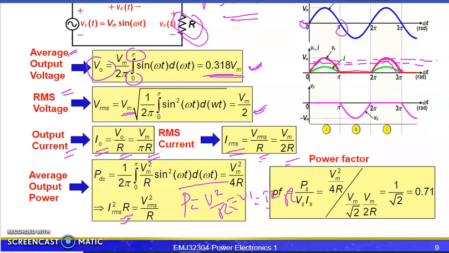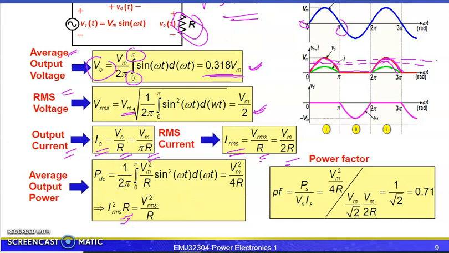So the three formulas here can be used at any condition, provided two of the three values are available.